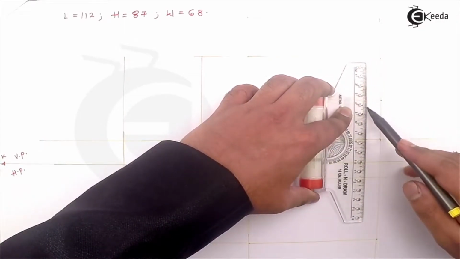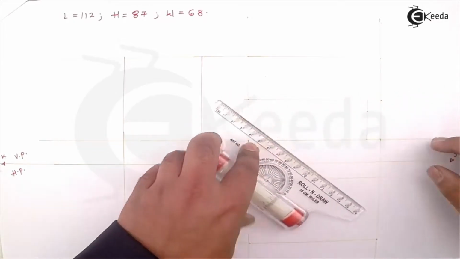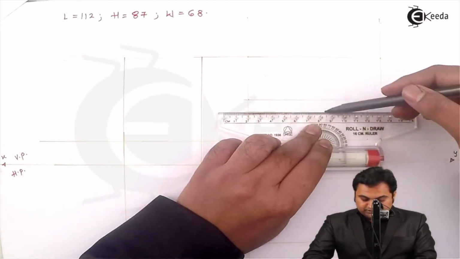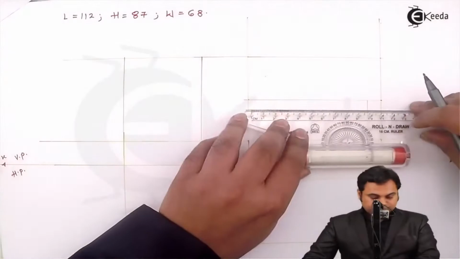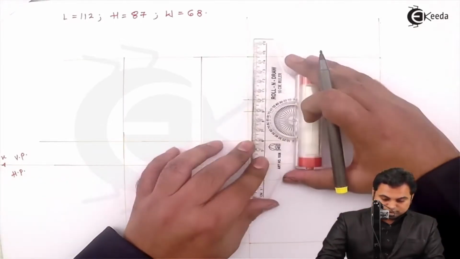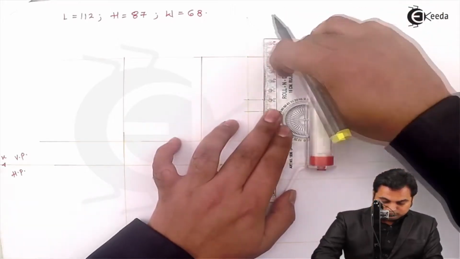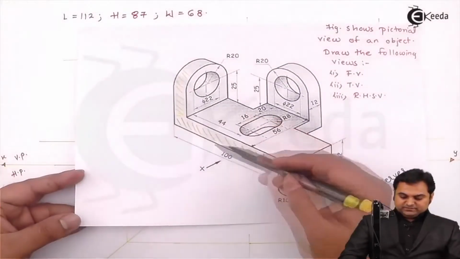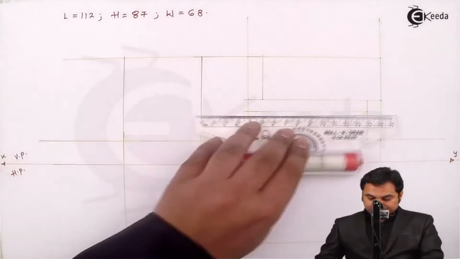Projecting it light, then it has a height of 12 mm. Projecting it light. From the other side, this plate has a height of 12. Now, as this plate is visible first, I can directly make it dark to avoid any confusion.